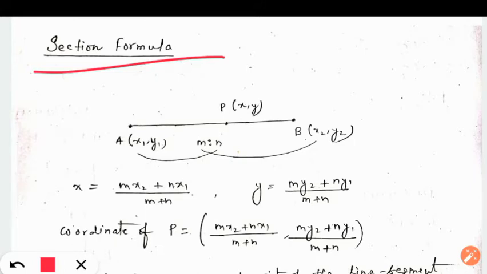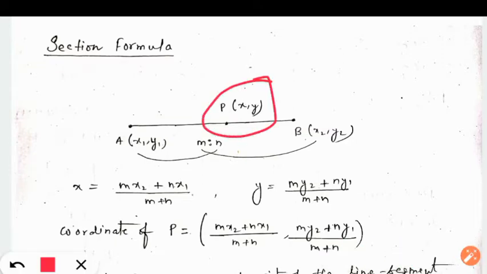So what is the section formula? Suppose we have a line segment AB, and this line segment AB is divided by a point P in the ratio m is to n. Then what will be the coordinate of the point P?